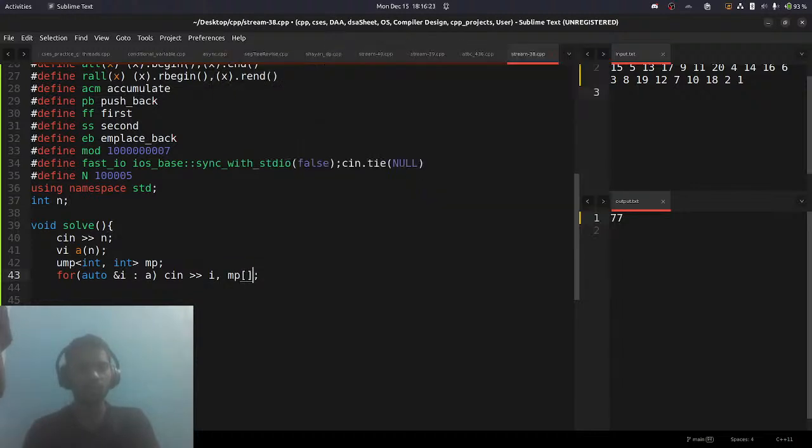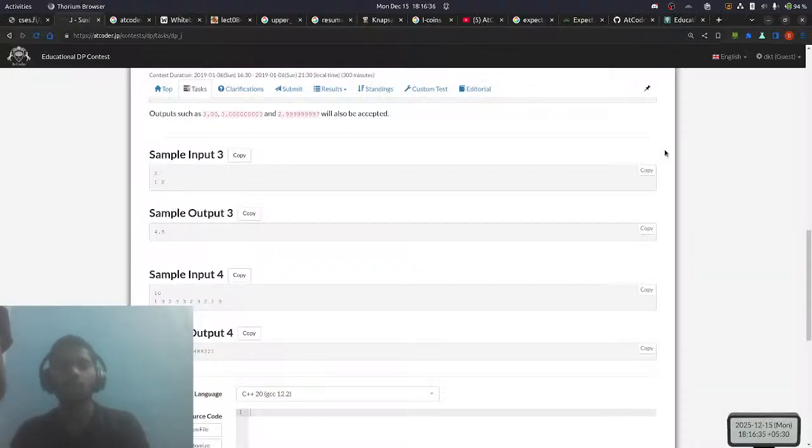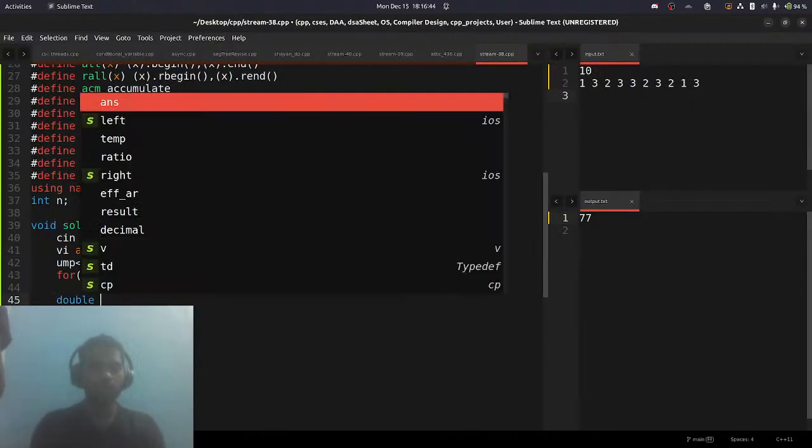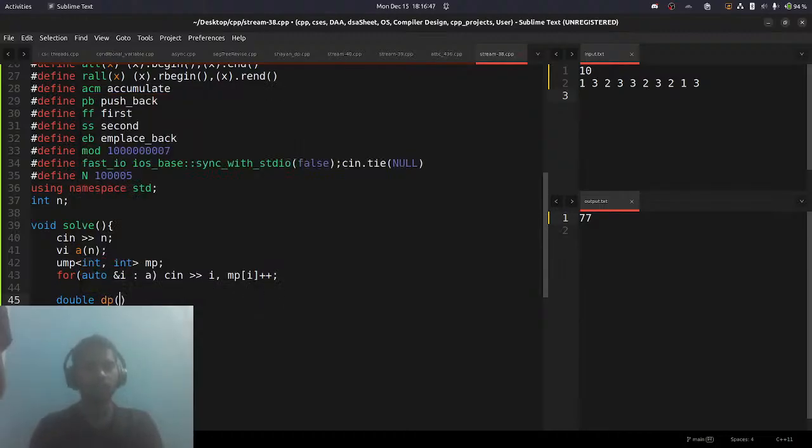Now we'll do mp plus plus, and our dp will be a 3D dp, of course, because we have 3 states that are changing. Copy this. Our dp will be double dp.